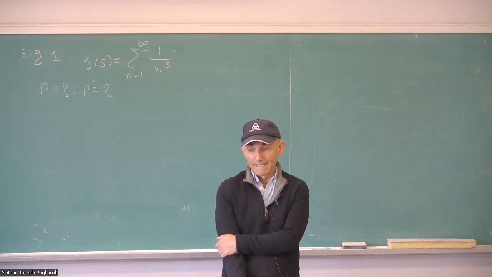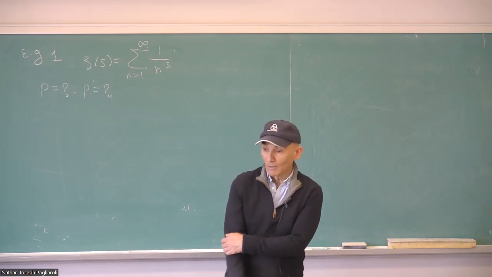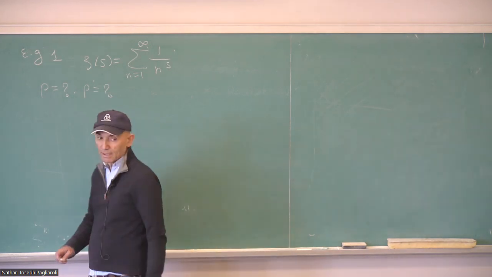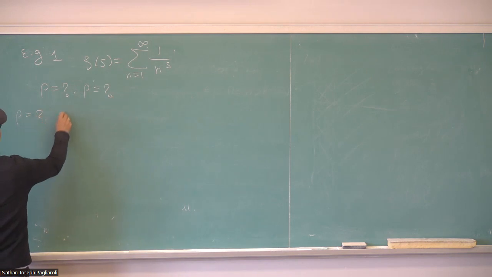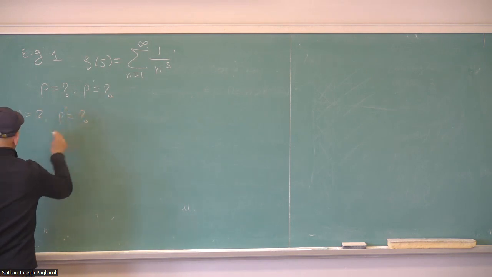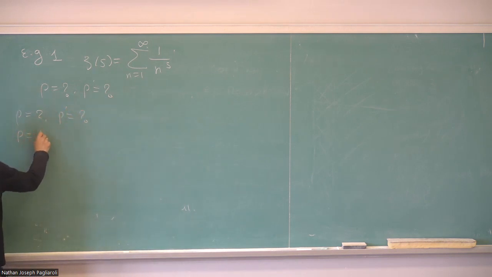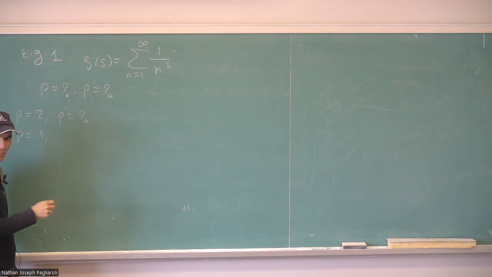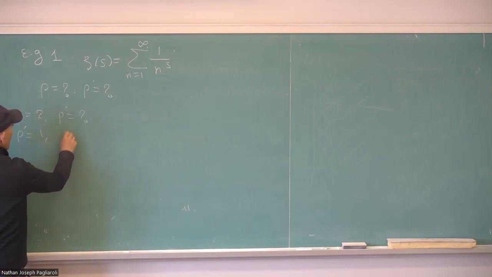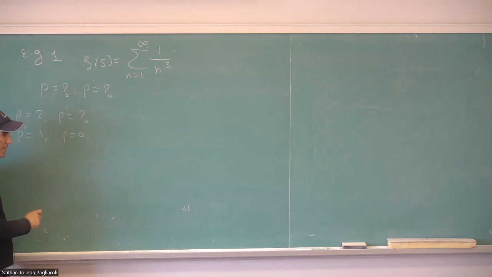Okay, so let me write these down. Rho prime equal to 1, rho equal to 0. Because rho prime is bigger than or equal to rho. Is that what you said?